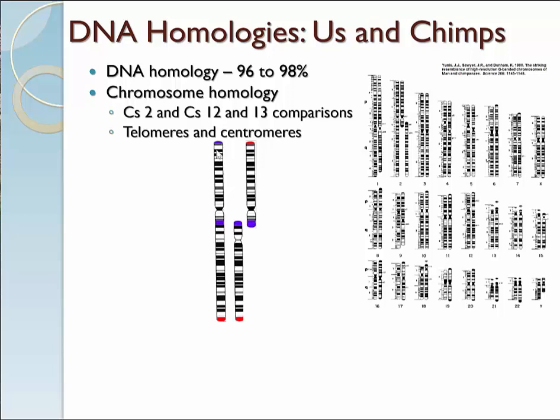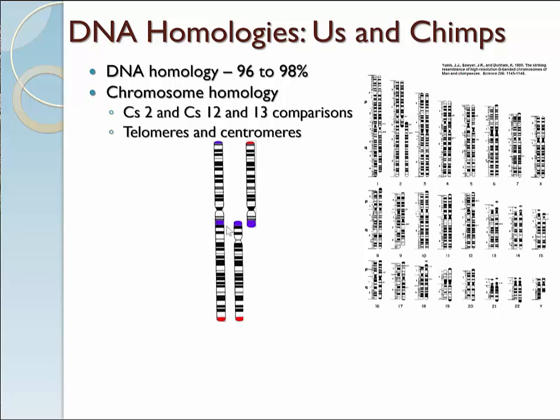So here's one at one end of the chromosome 2 and the other end of the chromosome 2, and the same thing for chromosome 13. There's one on either end, and chromosome 12, there's one on either end. And so if our chromosome 2 is a fusion of 12 and 13, then there should be a place on our chromosome 2 where we find 2 telomeres fused together.